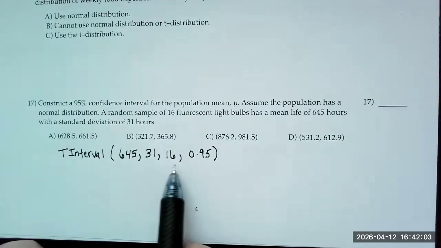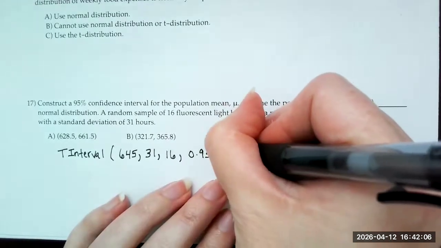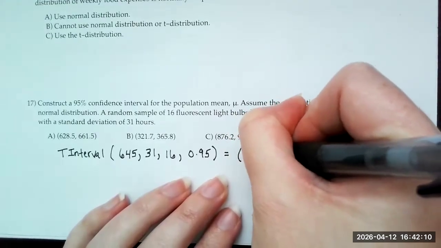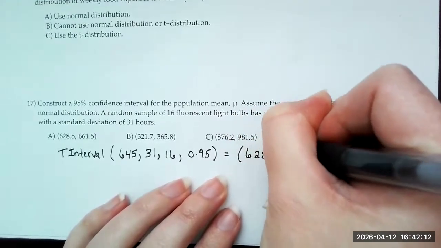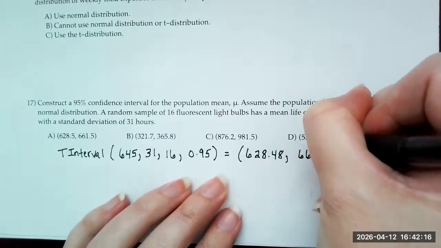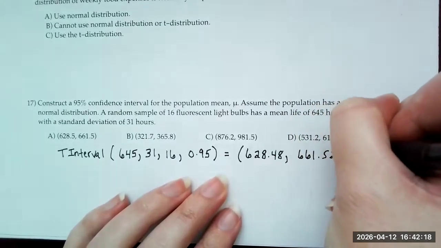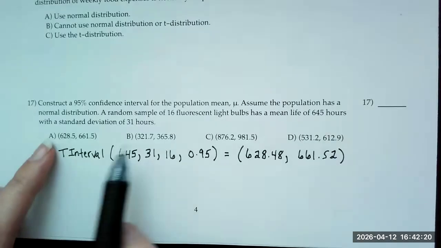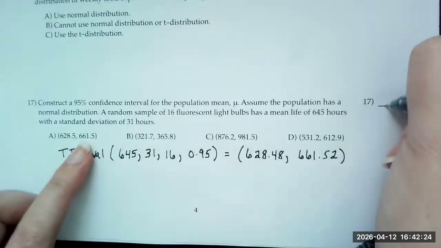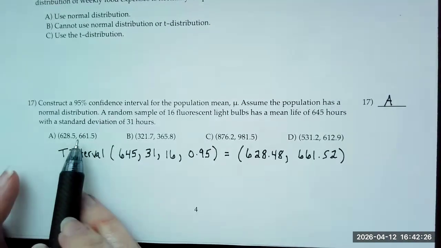If you enter those four values into the T interval, it'll do the work for you. And what will pop out is 628.48 and 661.52, which is going to be answer choice A. And we're just rounding to one decimal place for those ones.